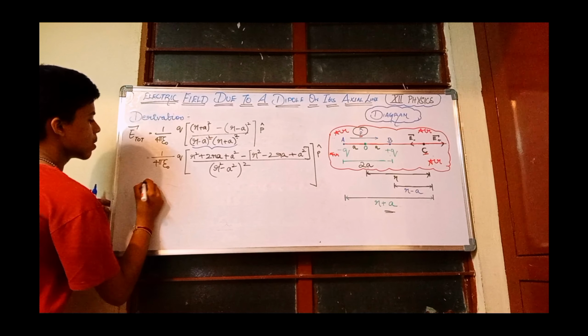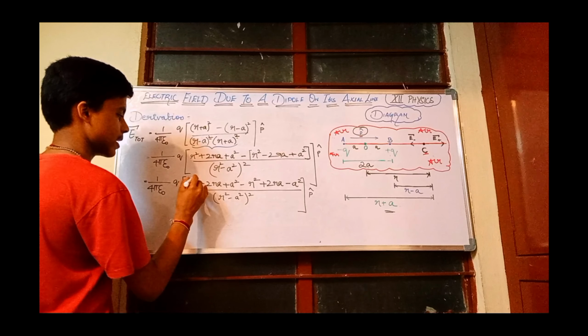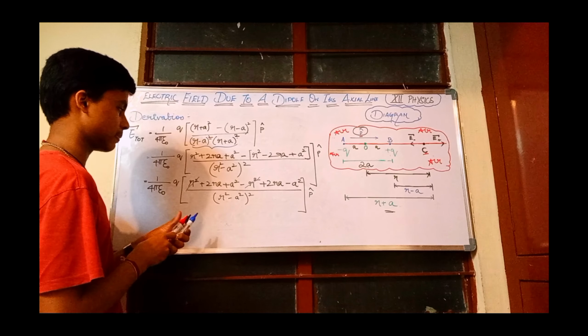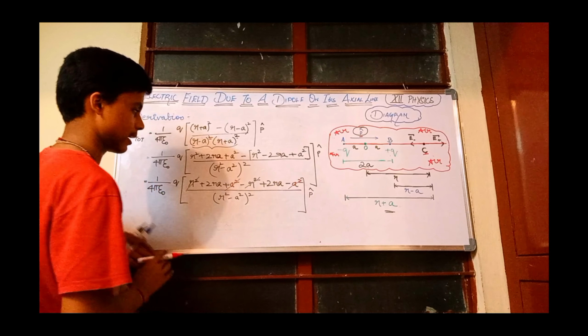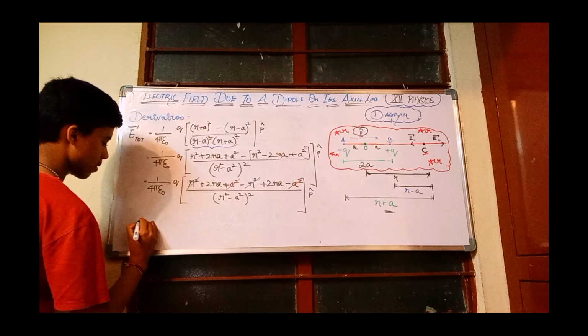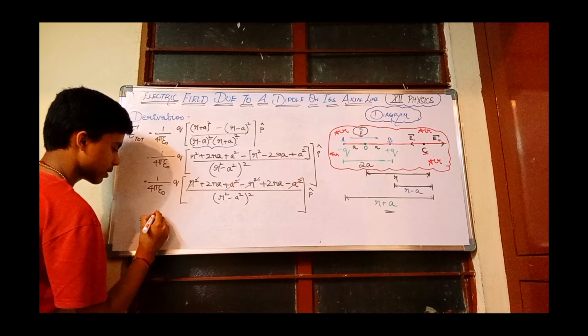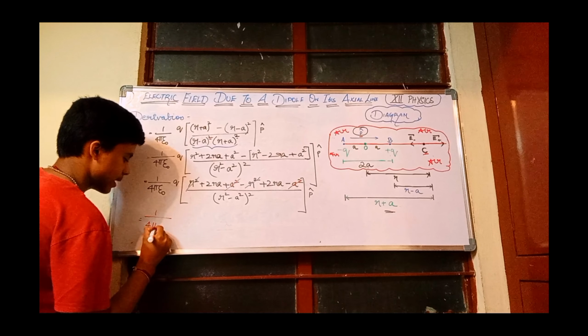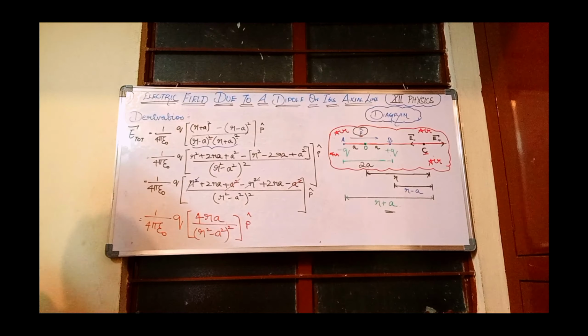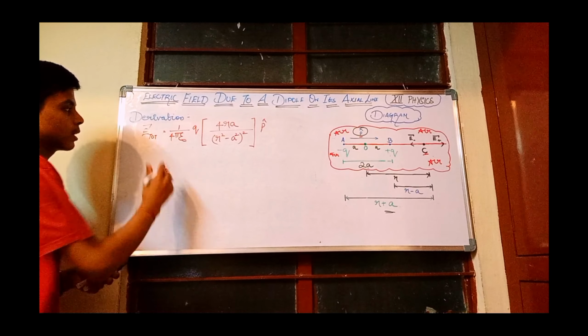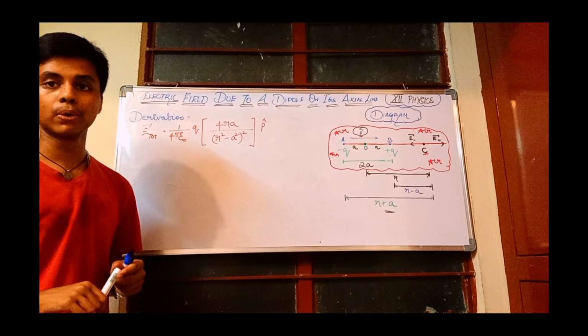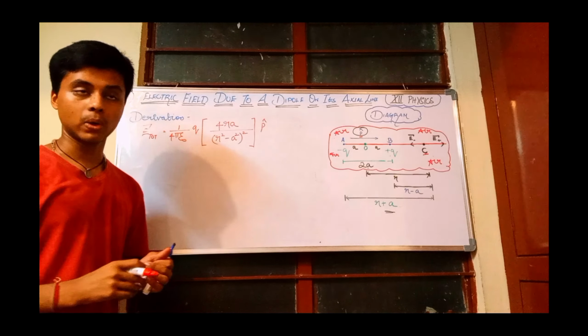Now I'm going to subtract r square and r square, because this is plus r square and this is minus r square, and subtract plus a square and minus a square, leaving 1 by 4 pi epsilon naught q into 4ra by (r square minus a square) the whole square into p cap. So now I got this E total vector is equal to 1 by 4 pi epsilon naught q into 4ra by (r square minus a square) the whole square into p cap.